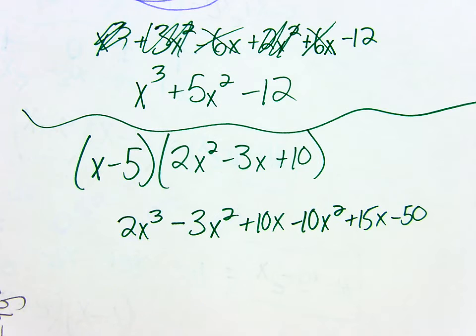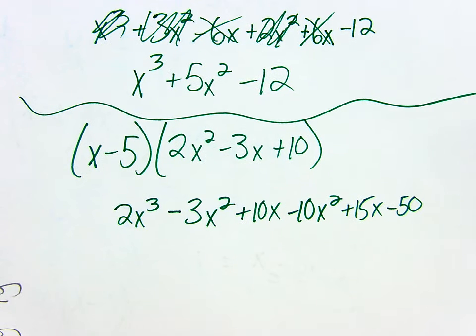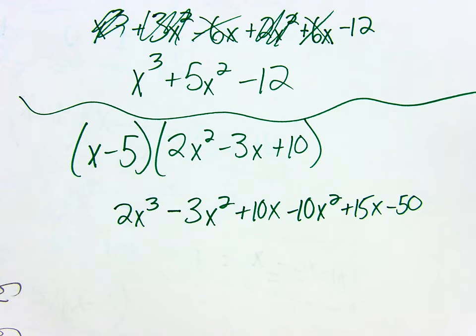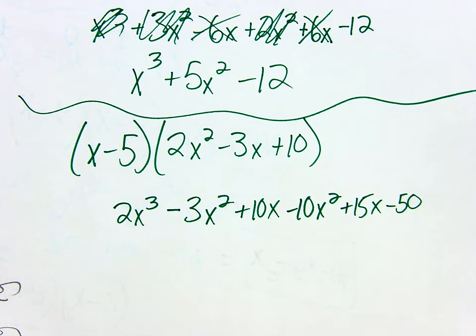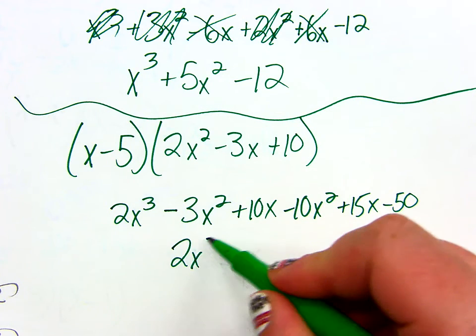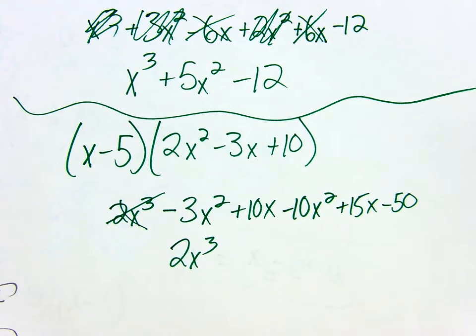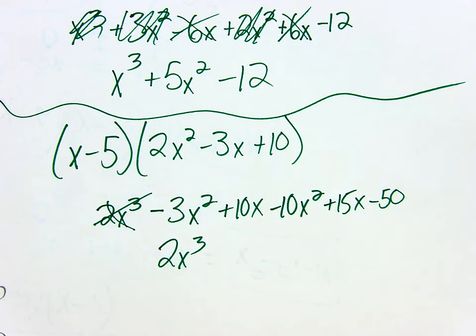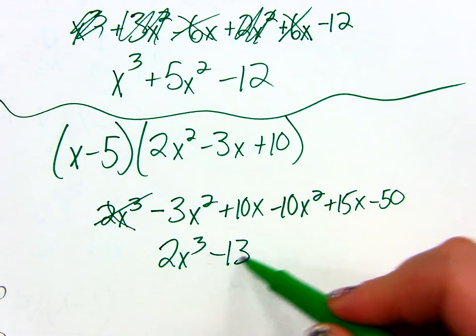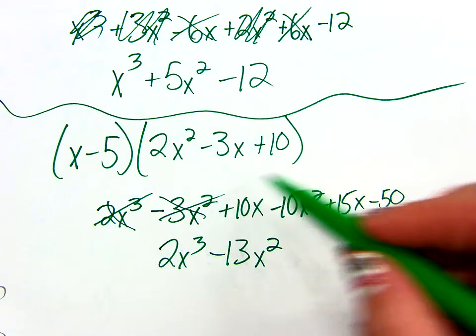I do. Now, as I combine my terms, who knows how many I'm going to have. But I should have 6 before I start. Do I have any like terms? You do. I do. So, I don't have any with the x to the third. But x squareds are going to become negative 13x squared.